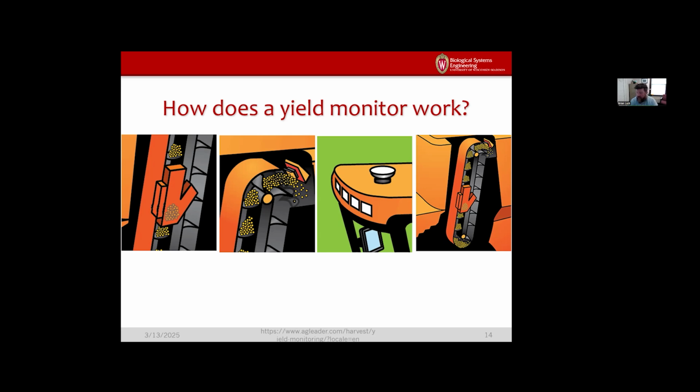There's a lot of technology, fancy programming in there about look aheads and a lot of other things that I won't get into today, but essentially know that they're there. They try to say, okay, it takes X amount of time for that plant to get cut by the header and then to end up in the clean grain elevator. And so based on that time, I shift all of my data points back to where I harvested that grain as far as the yield data goes.